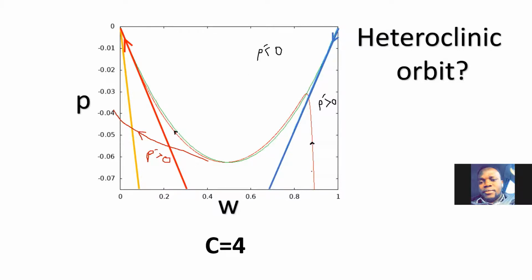But in fact, what we are going to prove is that there is a line, which I represented here with a yellow line, that a solution that starts from 1, 0 cannot cross, which means that at this point, any solution that comes here has no choice.